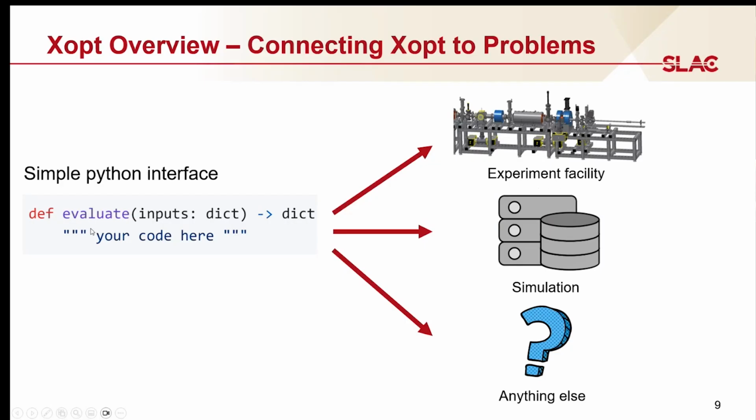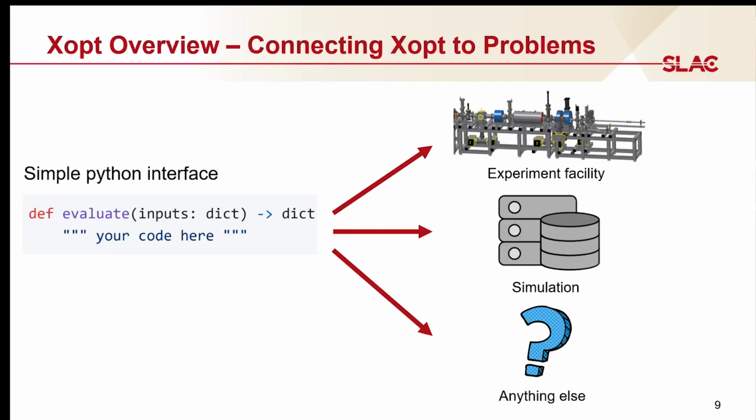One of the key aspects of making this process extensible to almost arbitrary problems is specifying a very simple interface that we require in order to communicate with our optimization problem. Users of Xopt define a basic Python function whose only rule is that it takes in a dictionary and returns a Python dictionary.